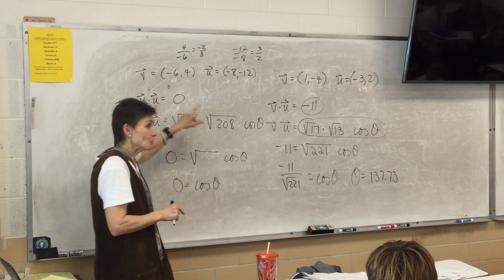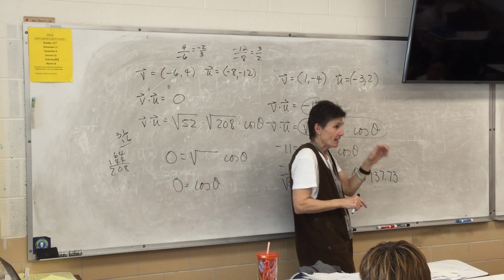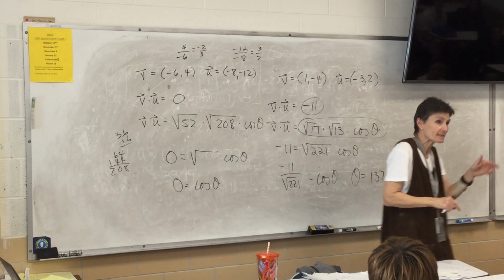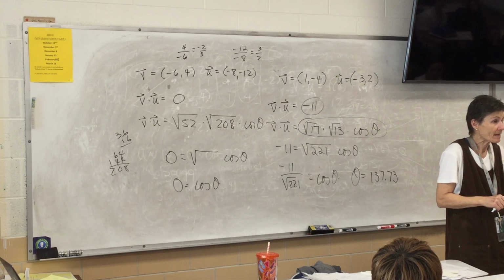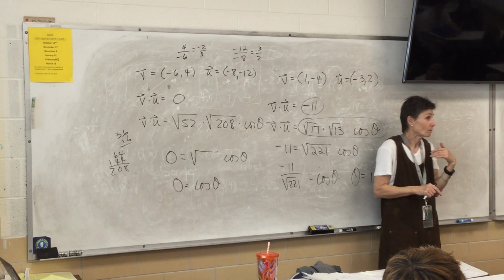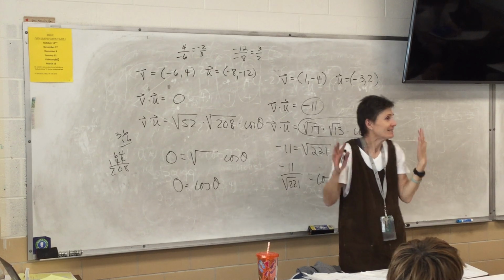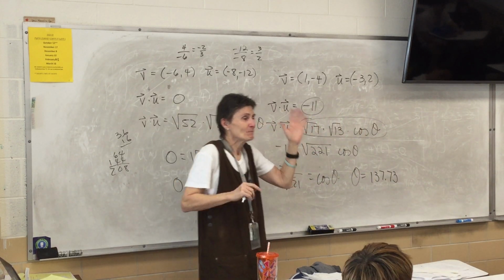Now, you know how we don't say length, we say magnitude, and we don't say sum, we say resultant? Well, we don't say perpendicular, we say orthogonal. Orthogonal is the vector word for perpendicular. I don't make the rules, okay? Don't shoot the messenger.